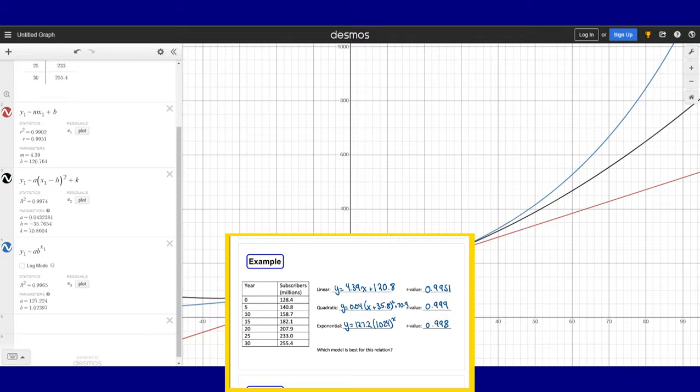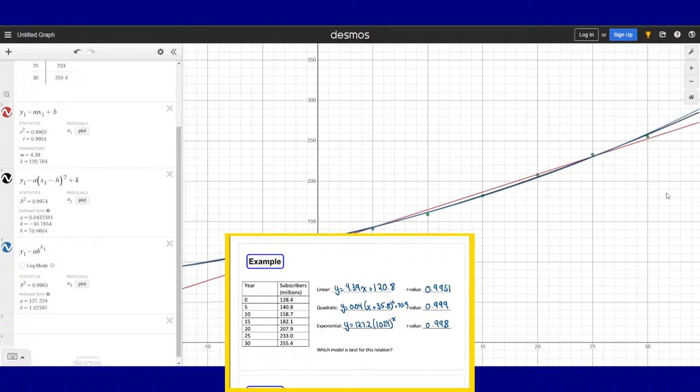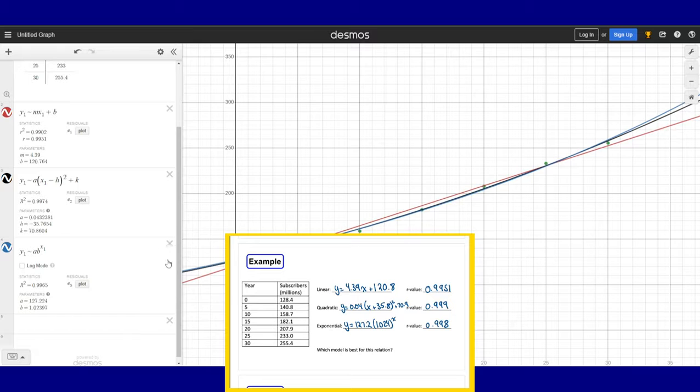Linear does make sense: we started from a value and slowly, constantly increased. But again, based on the data we have, either of these could be good. I would argue more for linear because this is over 30 years, so we have quite a bit of data in terms of time. I don't see another 30 years or another 5 years changing it to more exponential or quadratic.